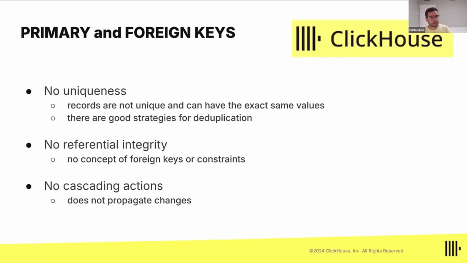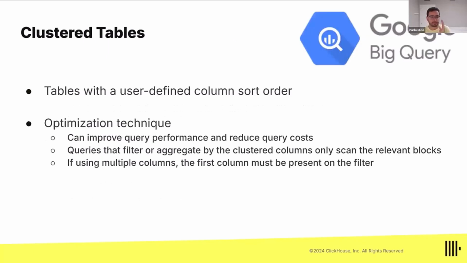ClickHouse has no uniqueness and no referential integrity. Primary keys are the sort order of the data on disk for performance purposes. Clustered tables are tables with a user-defined column sort order. So this is what our primary keys are. It's what clustered tables are in BigQuery.